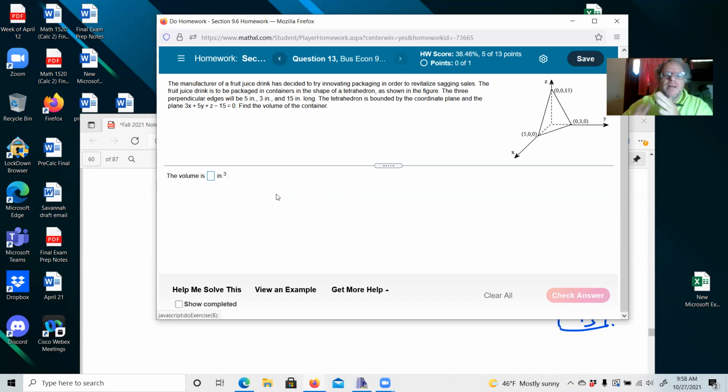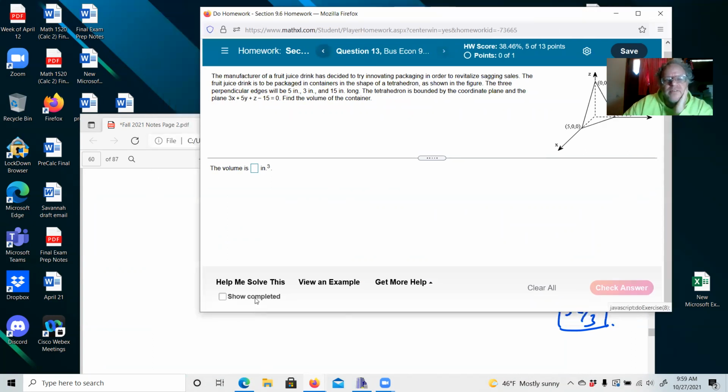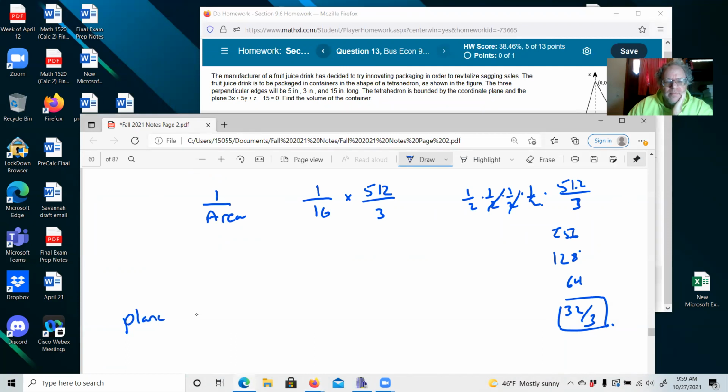All right. So, good problem. So, to figure this out, we can do a couple of different things. We have the plane. Okay, we have 3x plus 5y plus z minus 15 equals 0.